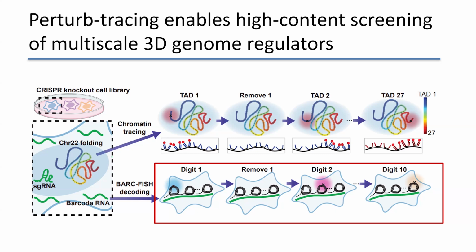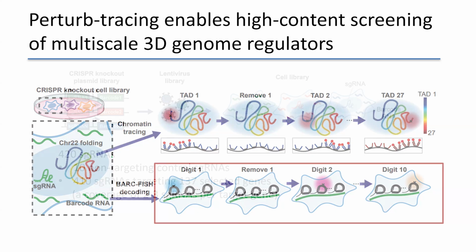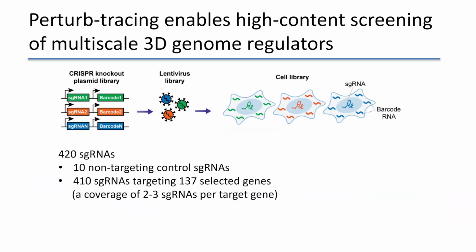This then allowed us to link the genetic perturbation in each cell to the changes in 3D genome conformation revealed by chromatin tracing. In our CRISPR screen, we include 420 guide RNAs, including 10 non-targeting control guide RNAs and 410 guide RNAs targeting 137 selected genes, most of which encode nuclear proteins.